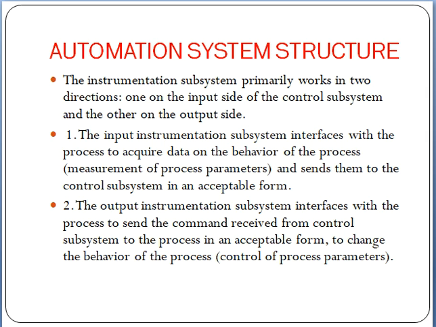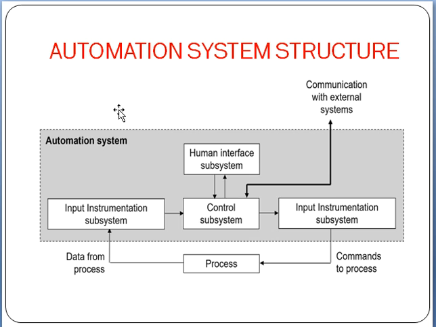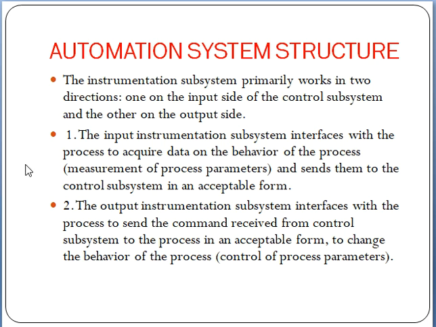The instrumentation subsystem primarily works in two directions, one on the input side of the control system and the other on the output side of the control system. This is the input side and this is the output side. The input instrumentation subsystem interfaces with the process to acquire data on the behavior of the process and send them to the control subsystem in acceptable form.